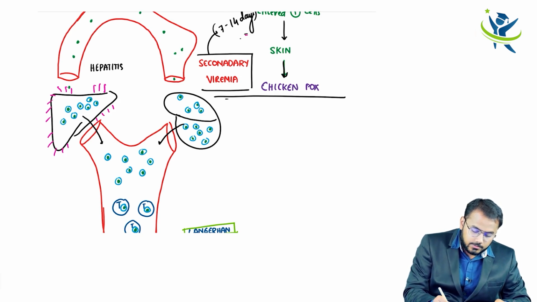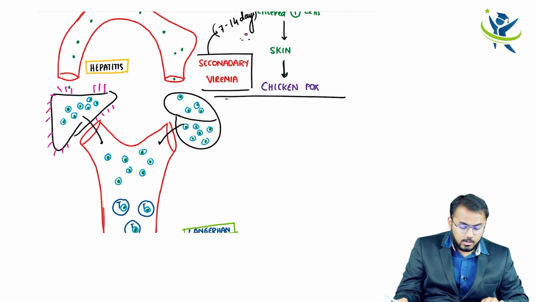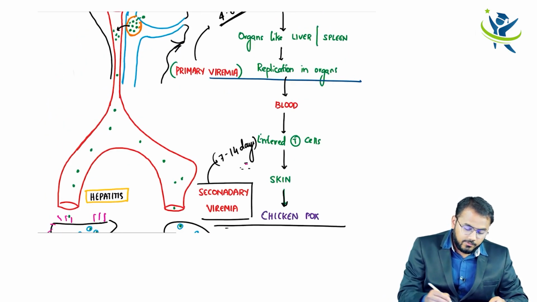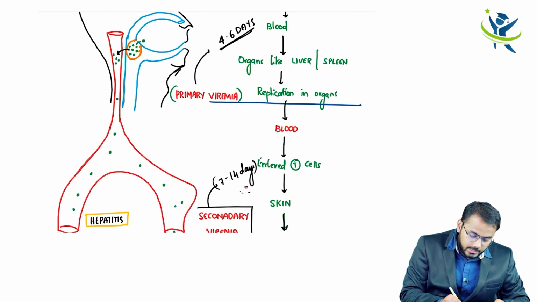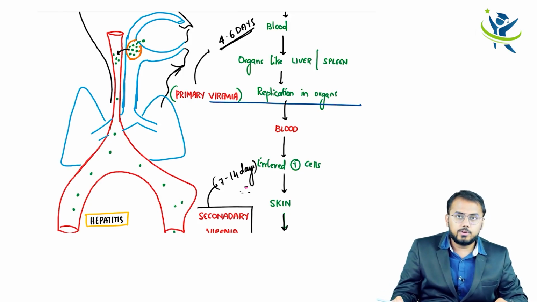So this virus basically causes what? Hepatitis in the patient. Okay, not only hepatitis, look here, if I draw it a little big, this is your laryngopharynx, trachea, and these are your lungs over here.